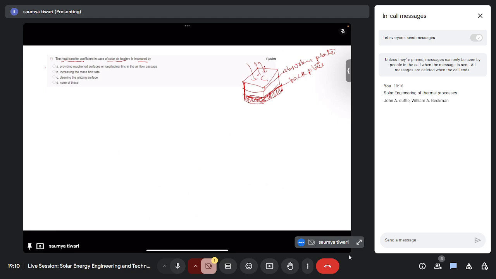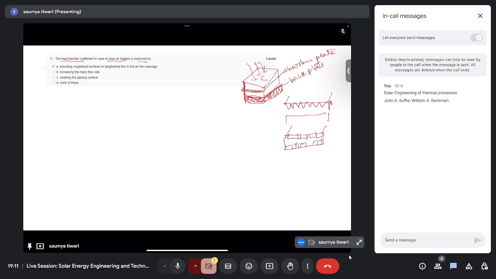Providing roughened surface or longitudinal fins in the airflow passes. That is true. If we see the cross sectional area, if we roughen the absorber plate surface, or if we include some fins, longitudinal fins, in this cross sectional area, then your heat transfer coefficient will be increased.